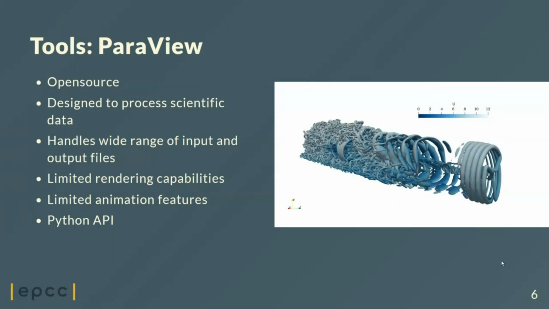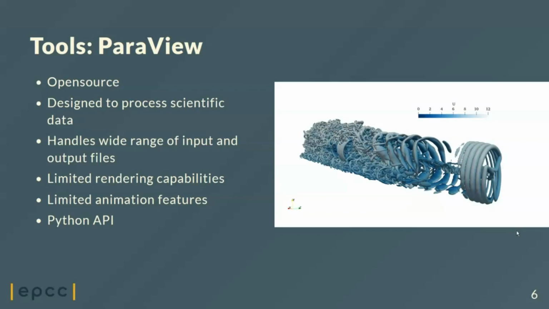For example, this visualization here, I did yesterday. It took me literally 2 minutes. It's designed for that kind of visualization, and it makes it really easy. The look you have is also something that scientists will be able to understand.